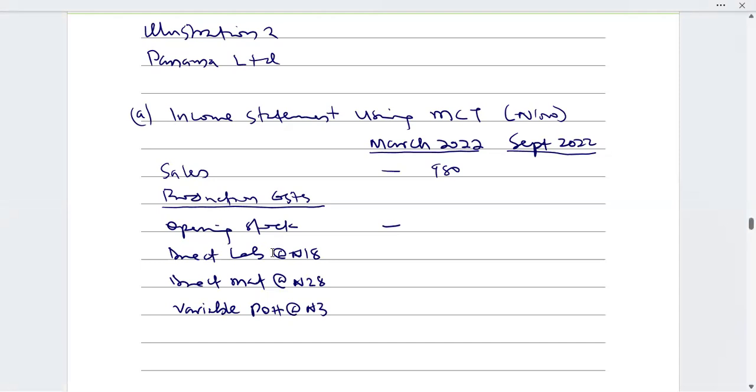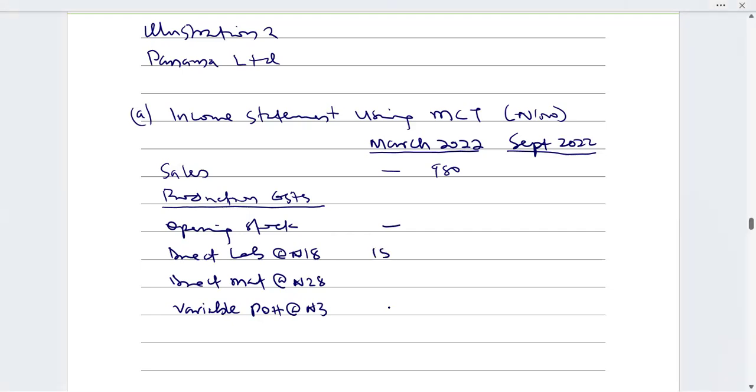Okay then. In March 2022, how many units were produced? 8,500 were produced. Therefore, 18 naira multiplied by 8,500 is equal to 153,000.